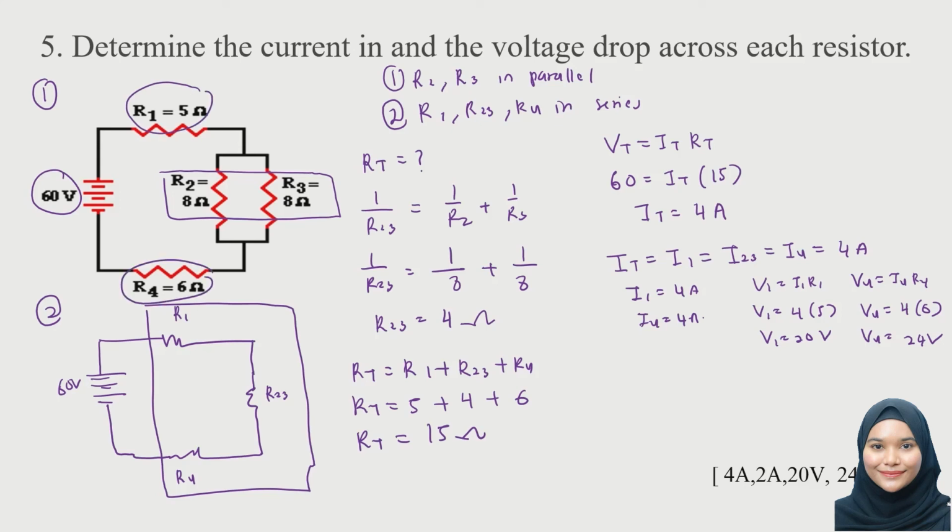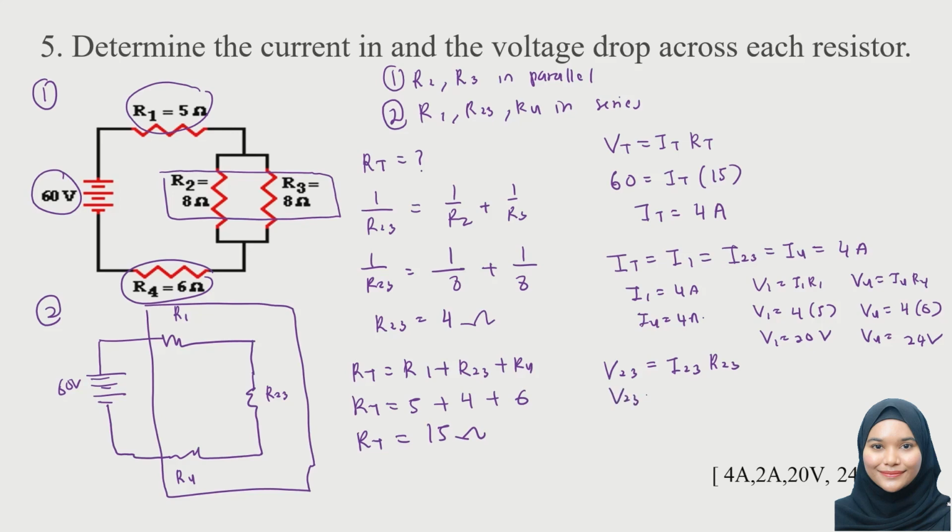Okay, now we are done with resistor 1, we are done with resistor 4. Now we will look at resistor 2 and resistor 3. We need to look for the current flow through resistor 2 and 3 and the voltage across resistor 2 and resistor 3. We know resistor 2 and resistor 3 are in parallel. So when they're in parallel, they don't share the same current, but they share the same voltage. So we can look for V23, which is the current that flows through resistor 2,3 times R23.